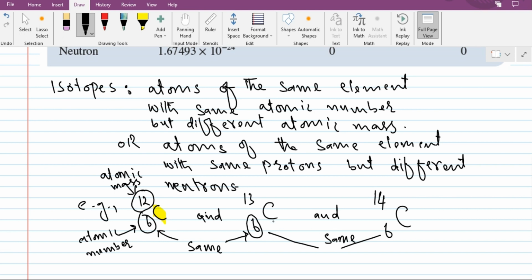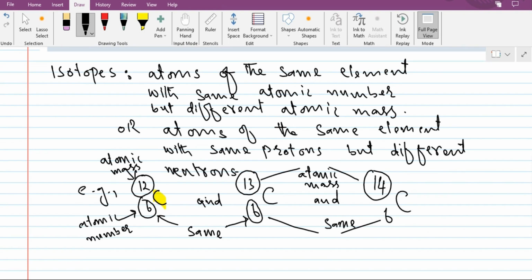As I clearly mentioned, the smaller number written along with the symbol of an element is always the atomic number, whereas the bigger number is always the atomic mass, no need to worry about the position, whether it is written below, left or right. So the atomic numbers are the same, but the atomic masses are different. That is why they are isotopes.